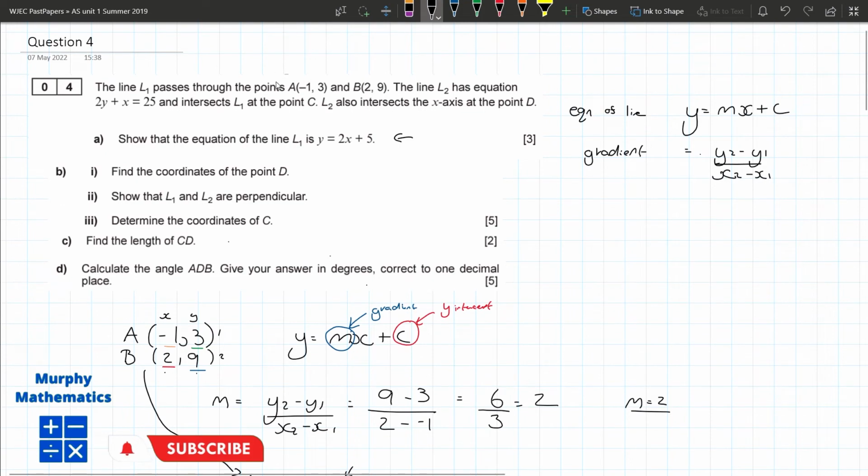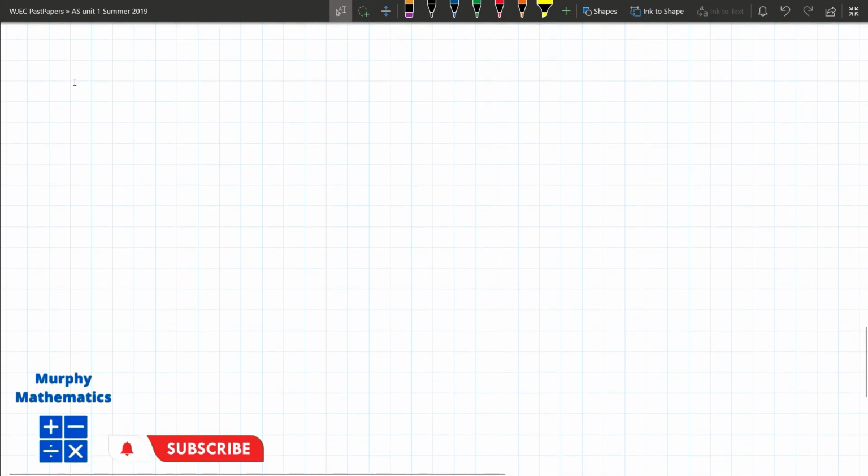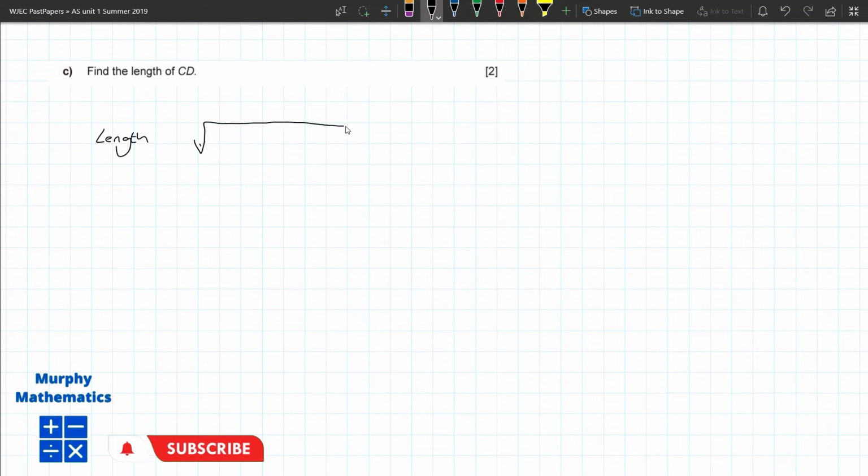So now we're on to part C. Find the length of CD. For this one we need to know our equation for the length of a line. So we know that length is the square root of x2 minus x1 all squared plus y2 minus y1 all squared.